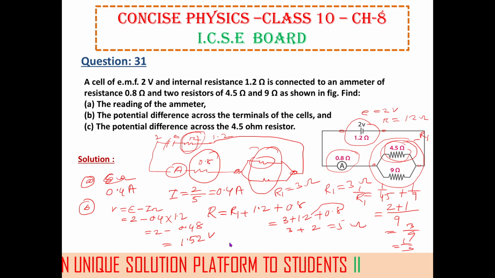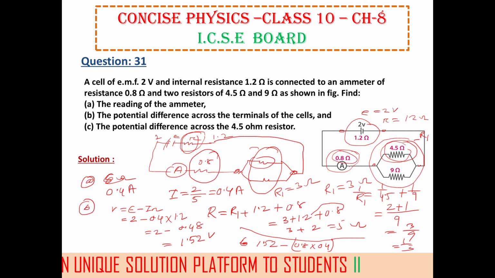If 1.52 voltage was between two terminals of the battery, so if I deduct 0.8 into 0.4, that is the voltage drop across the ammeter, because current is 0.4 and resistance is 0.8.